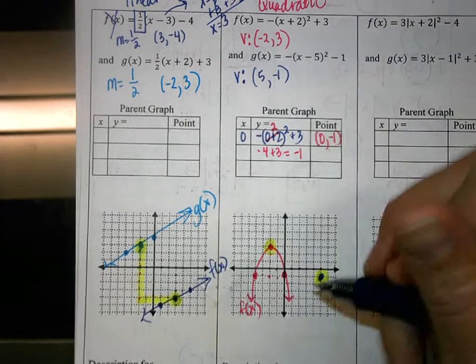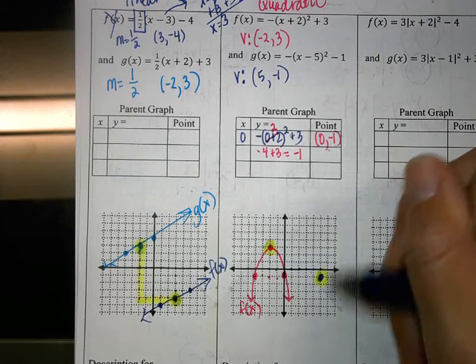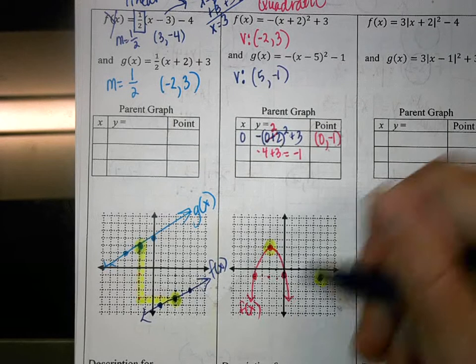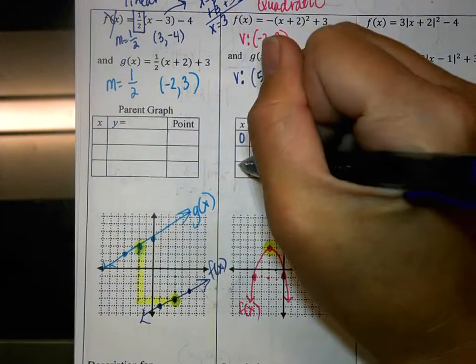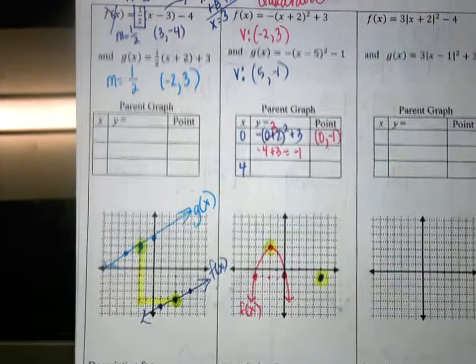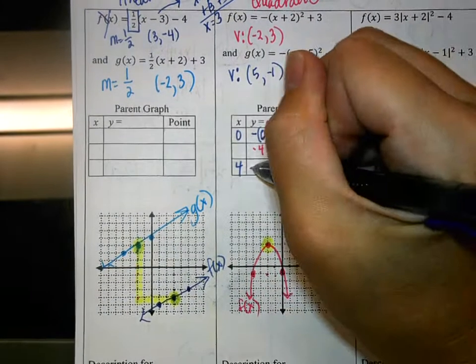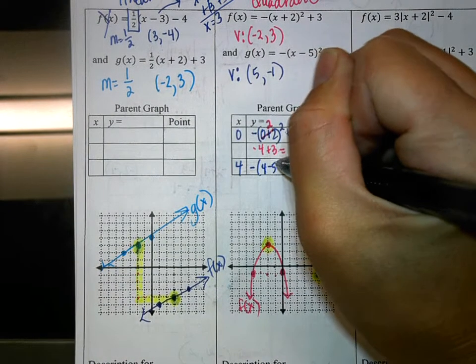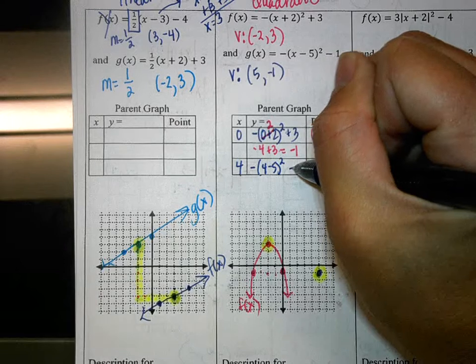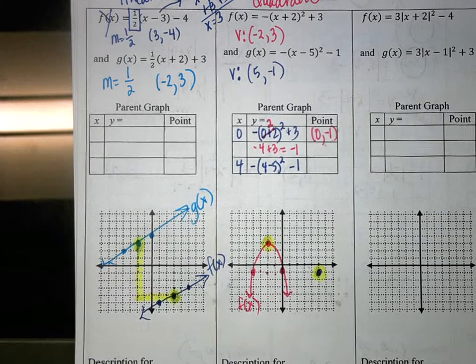Okay, because if you look, 4 is 1 to the left of that vertex, so choosing 1 or 2 to the left or 1 or 2 to the right is good. So we are going to choose 4, and we're going to plug it into our equation. So we have negative parenthesis 4 minus 5 squared minus 1. What is 4 minus 5?